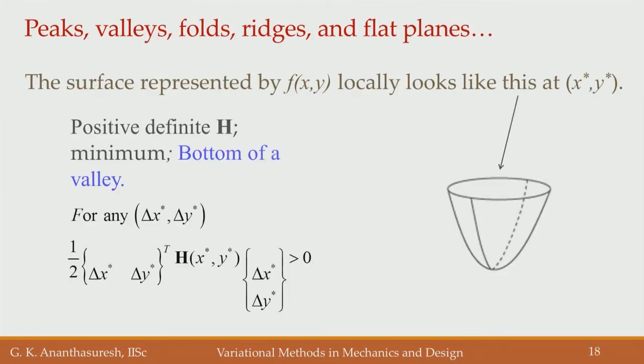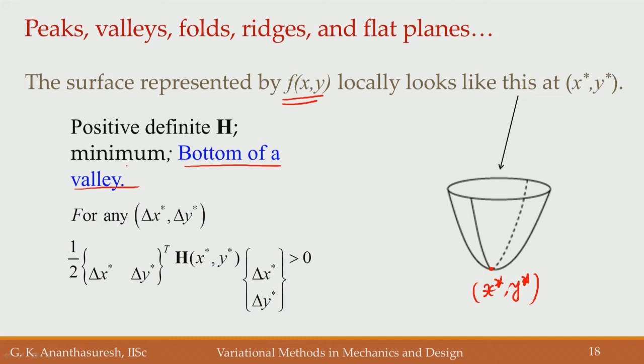So, let us say I have a problem where the function f is a function of two variables x and y. If locally it looks like a bowl like this, let us say this is my x star, y star coordinates, at this point, or whatever surface f of x y can be represented as, a surface in 2D x and y with the third dimension f of x y, locally it will look like a bowl, which is the bottom of a valley.